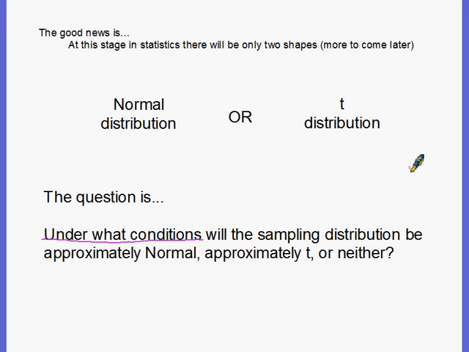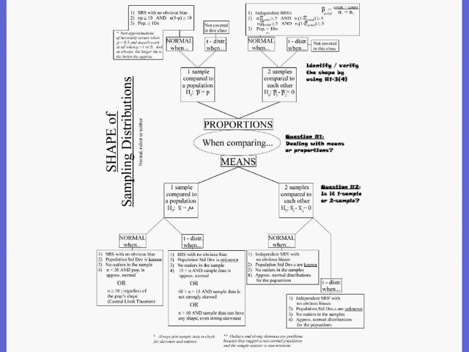That's the complicated part. And hopefully you found on the website and printed up something that looks something like this, which unfortunately looks a little intimidating. But it does break down into some fairly simple component parts. For example, are we talking about means or proportions? We'll figure out what the difference is between those two.